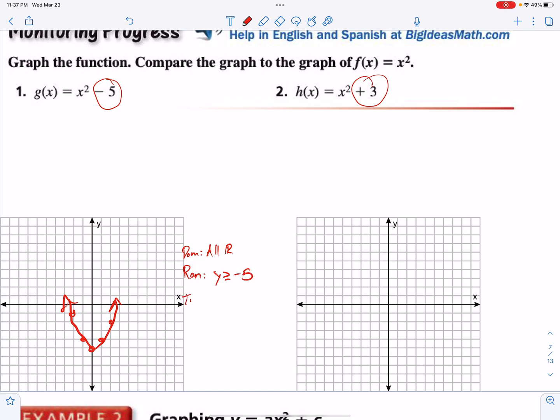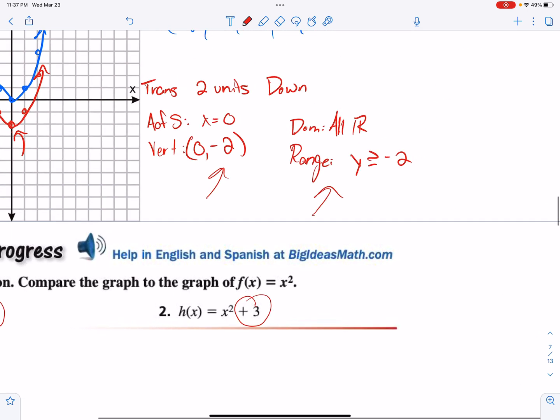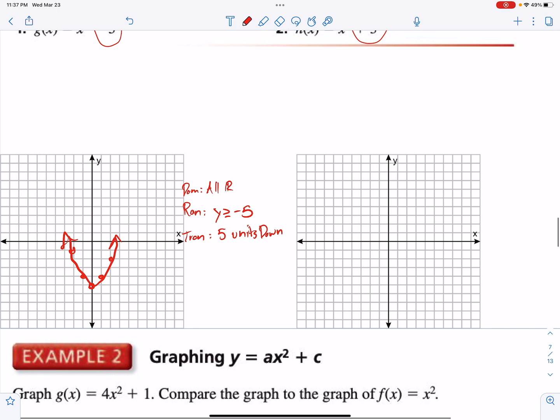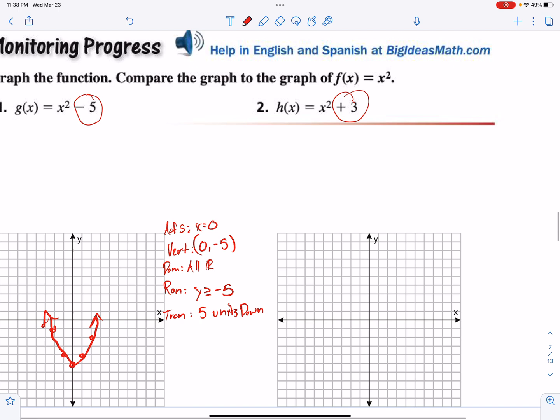Okay, transformation was 5 units down. Okay, and then again, we want to identify axis of symmetry and vertex. So a of s was x equals 0. Vertex was 0, -5. Okay, we should be able to answer all those questions on every one of these problems.